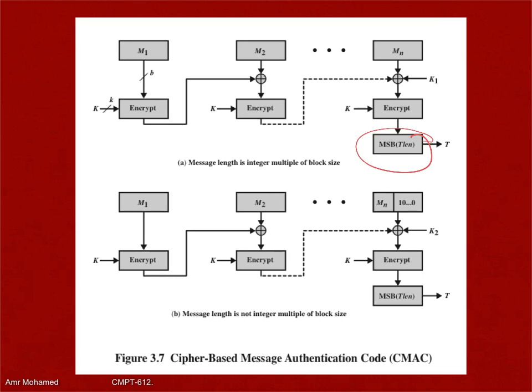What we could do is simply divide the message into blocks, with the size of the hash that we want, and then encrypt, and use that encryption to be XORed with the next block, and the next, and the next. But here the difference is we don't actually use all the encrypted parts. What we do is use the ultimate one, and the ultimate one is XORed with a sub-key value.